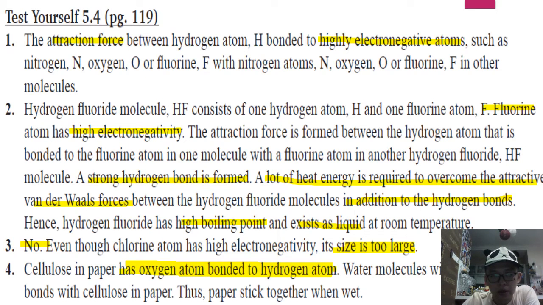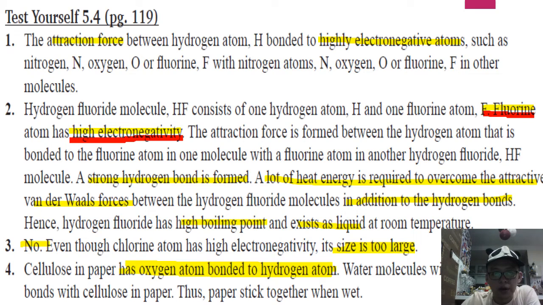So, the keywords I already highlighted with the yellow color. You can see hydrogen bond is the attraction force between the hydrogen atom and a highly electronegative atom. Hydrogen fluoride molecule consists of fluorine, which has higher electronegativity.